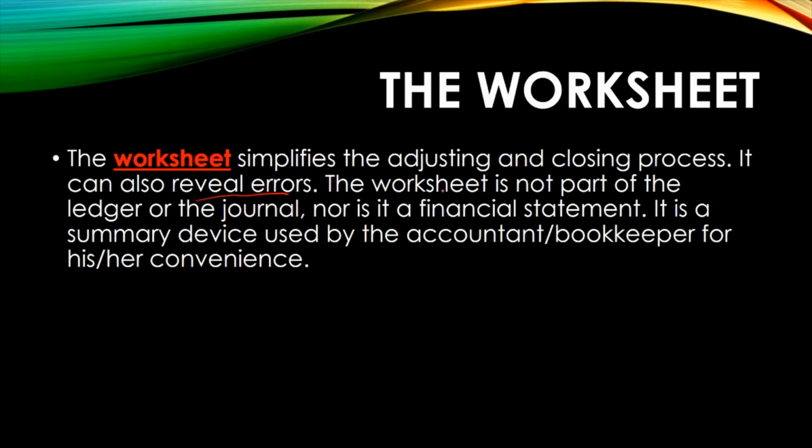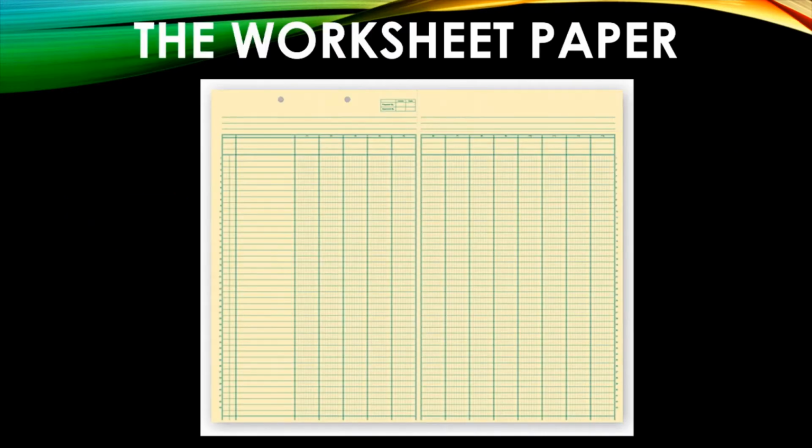Okay, so this is what we call the worksheet paper. You can buy this one; we have this in the bookstore. If we are going to prepare it manually, you can use this worksheet paper in preparing the worksheet, wherein it has columns where you will write your debit, credit, and so forth.